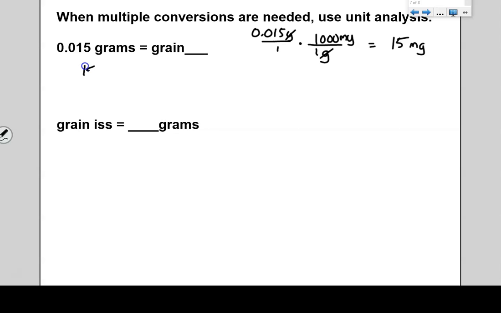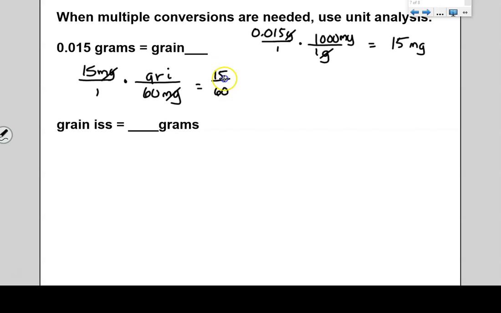So my problem is to convert 15 milligrams into grains. And I know from the previous slides that there are 60 milligrams in 1 grain. So the milligrams cancel, and we'll do the math. 15 times 1 is 15. 1 times 60 is 60, and I'm going to need to reduce that.